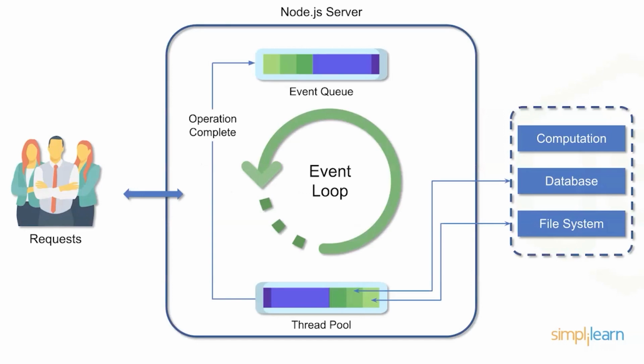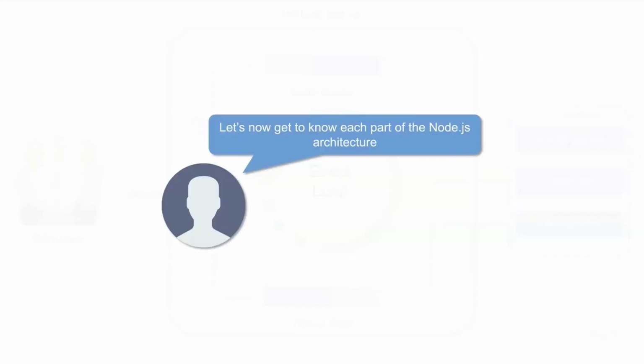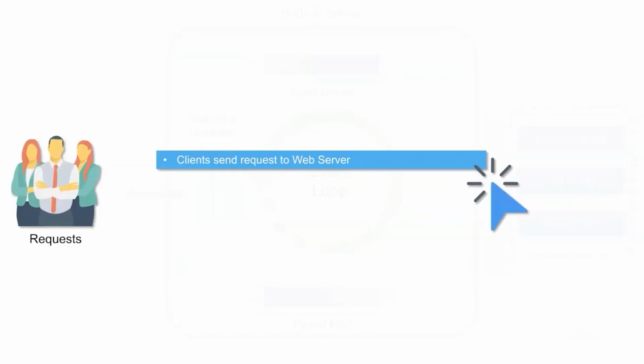All of this interconnects in a nice seamless loop. The great thing again with Node.js is that it's not new technology. It's been around for almost a decade. It's very well tried out. Many of the largest websites out there are running Node.js. So let's now dig into each of the parts of the Node.js architecture. So let's talk about requests.